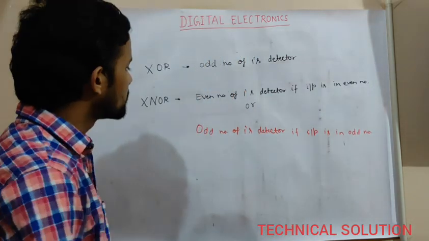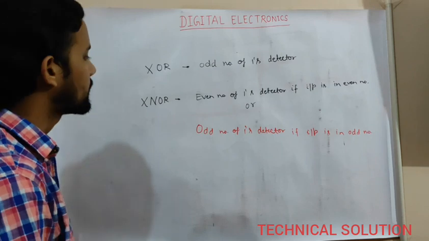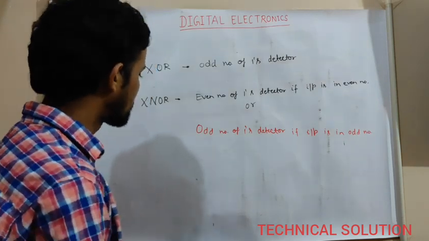Then for odd number of inputs, XOR and XNOR both behave as an odd number of ones detector.